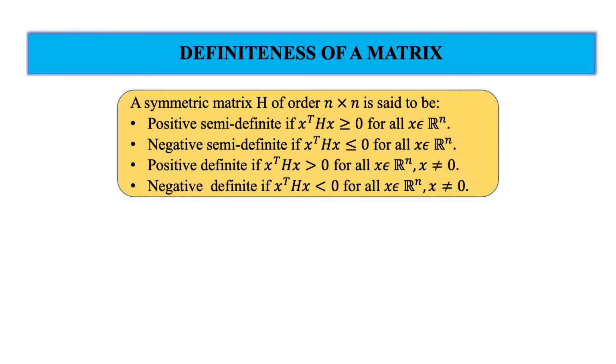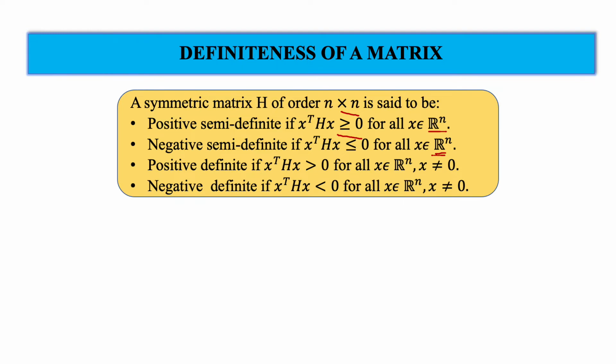A symmetric matrix H of order n into n is said to be positive semi-definite if x transpose Hx is greater than or equal to 0 for all x belonging to Rn. It will be negative semi-definite if x transpose Hx is less than or equal to 0 for all x belonging to Rn.